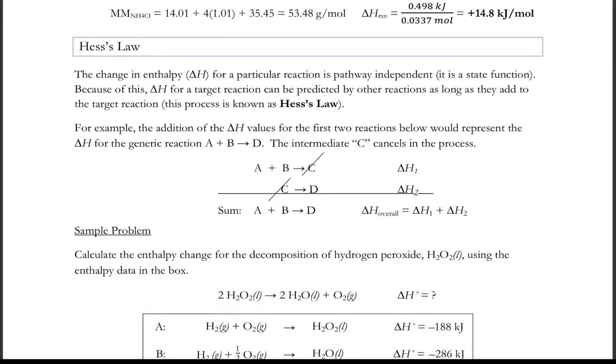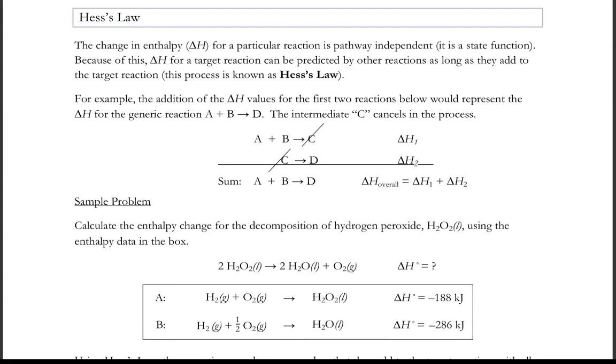We're working with Hess's law in this lab exercise as well. That's a way to determine the delta H of a reaction from a sequence of reactions, which when we manipulate those, they add up to the overall reaction.